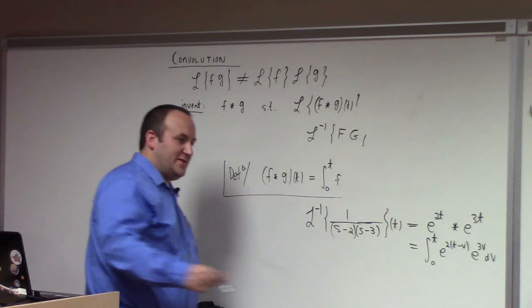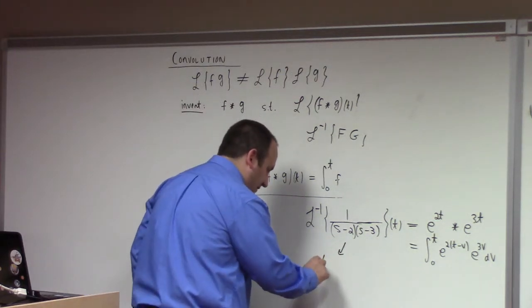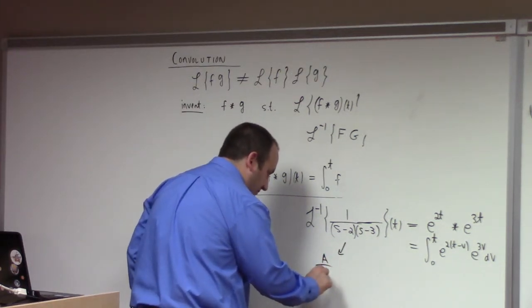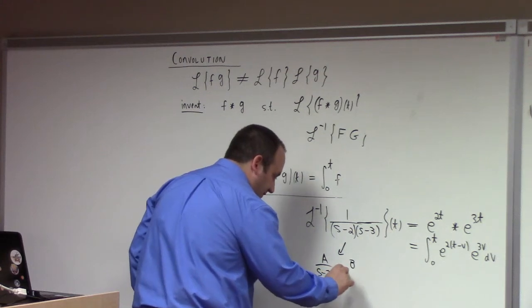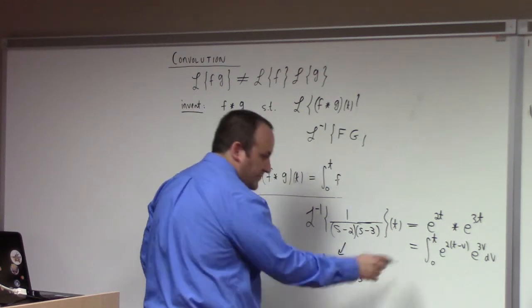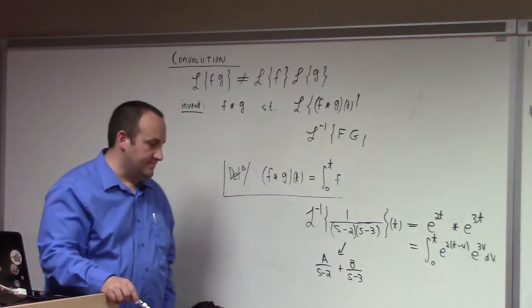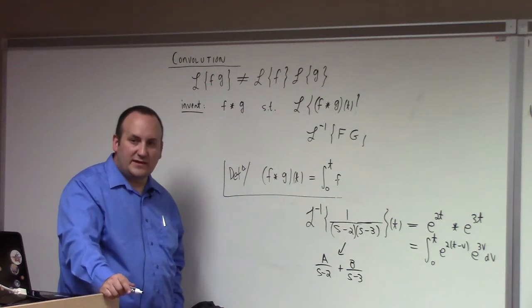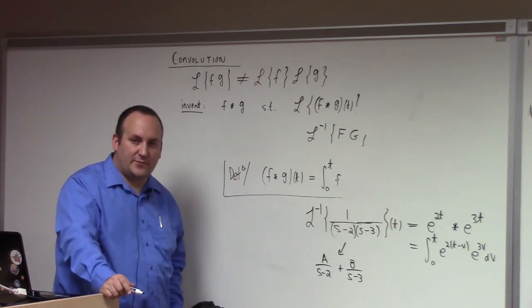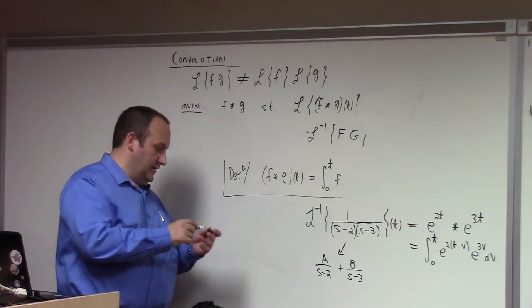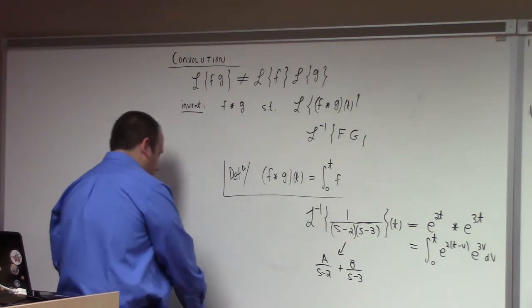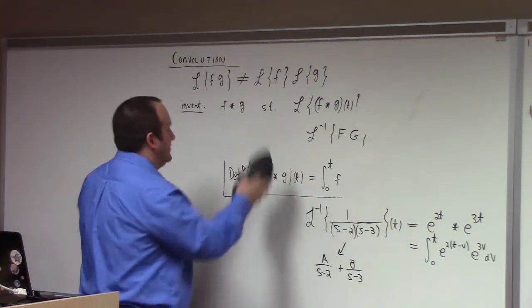What I would prefer for you to do in this kind of problem is to rewrite this with partial fractions, and so you can get the proper answer. A e to the 2t plus b e to the 3t, whatever a and b happen to be. I'm not going to work them out, but just a warning.